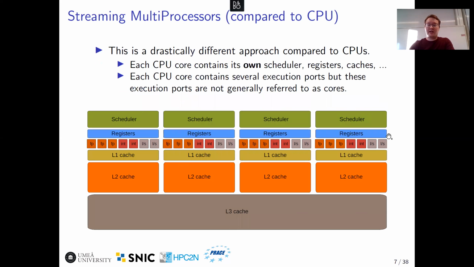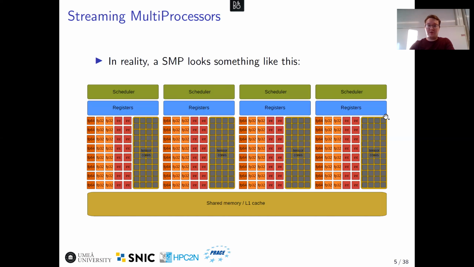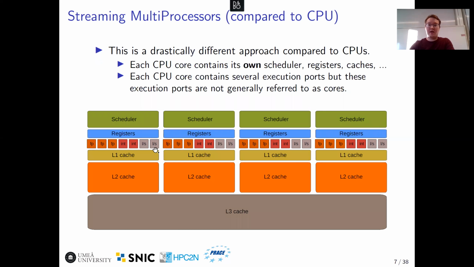So if we now compare this figure to the typical CPU, where you might have, let's say, 4 cores, each core will have its own scheduler, its own registers, its own L1 and L2 caches, and it's only the L3 that is shared among the cores. There are these units that kind of resemble cores. They are the execution ports that actually execute the instructions, but no one usually refers to these execution ports as cores.